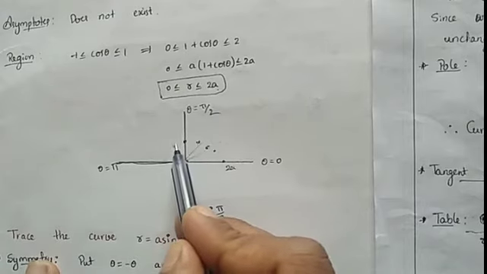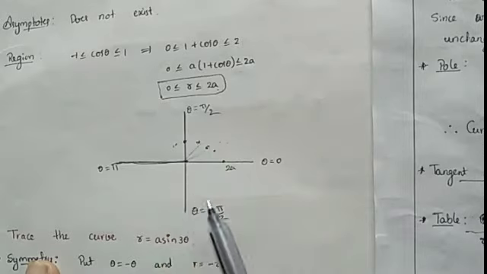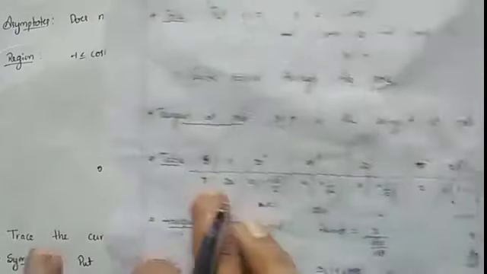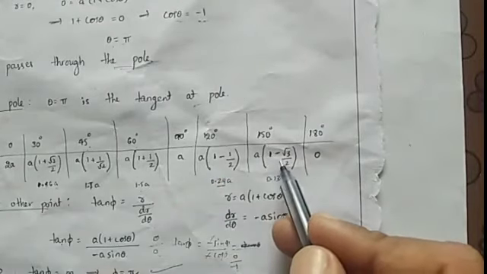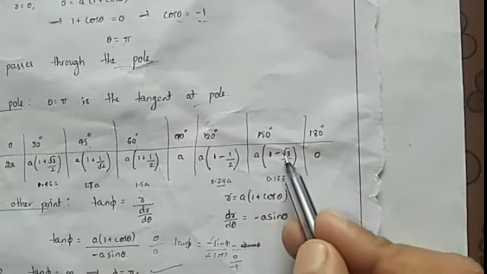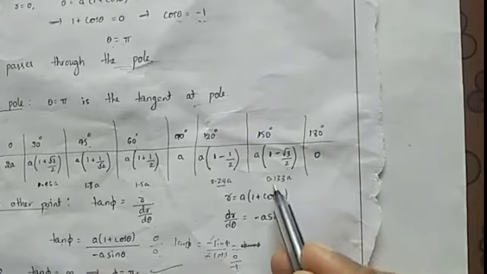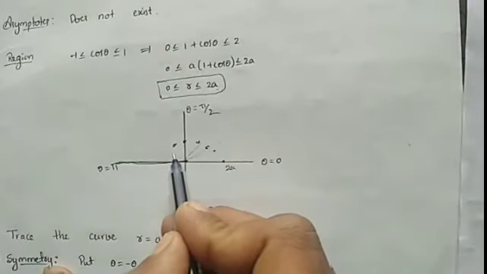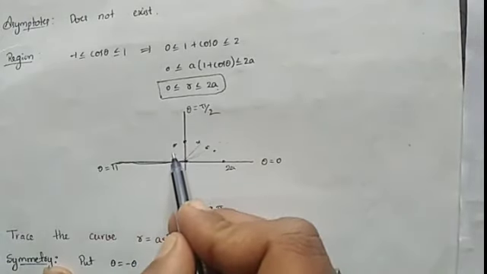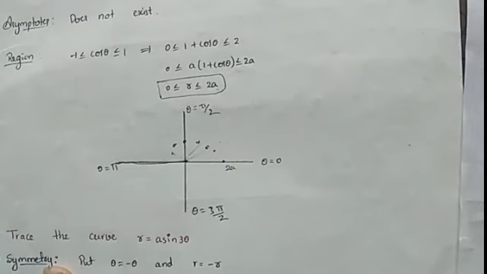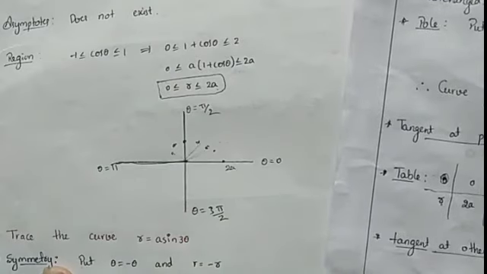This point is 0.29a. The next, for the theta value 150 degree, we get the value of r is a into 1 minus root 3 by 2. That value is 0.133a. This is the angle of 150 degree. In this point, the value of r is 0.133a.